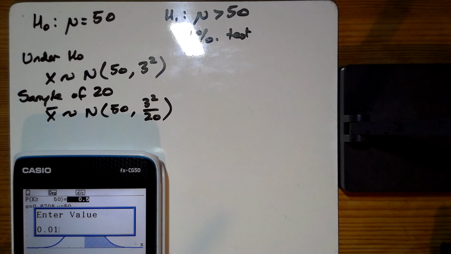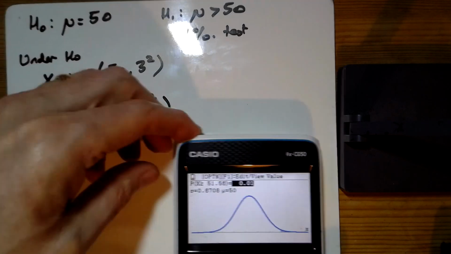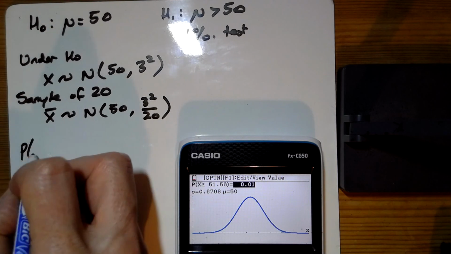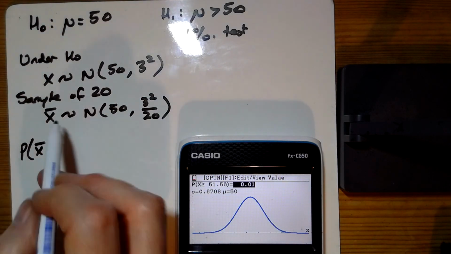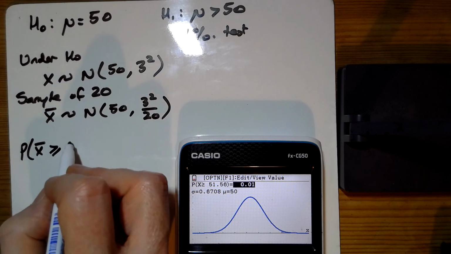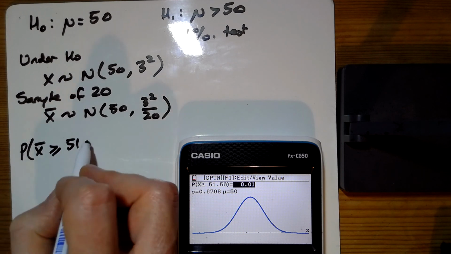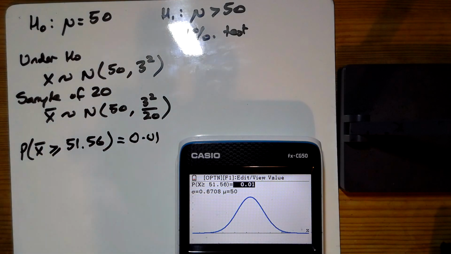So I'm going to put 0.01 in there, and it's giving me that the probability that X bar, be careful, I know this doesn't say X bar, but we are talking about the means here, the probability that the mean is greater than or equal to 51.56 is equal to 0.01.